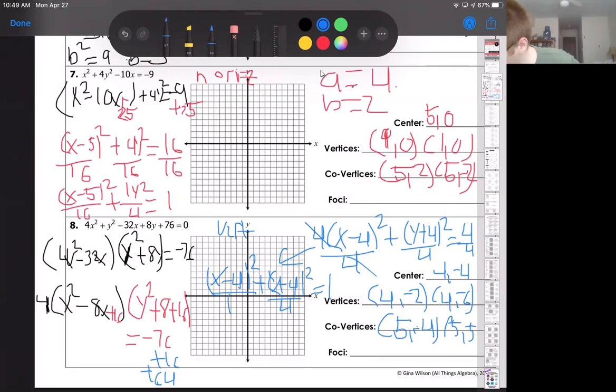Did I mess up? I'm checking the key. They got (5, negative 4). Oh, wait, I messed up this last part. When you add your b value, which is 1, or subtract 1, well, if you add 1, you're going to get negative 3.